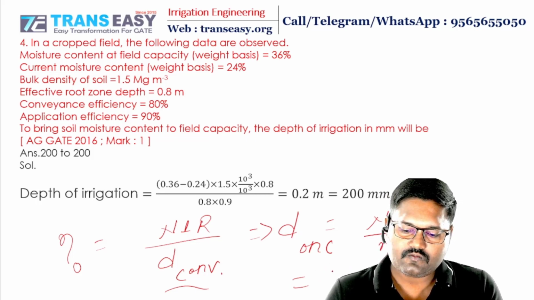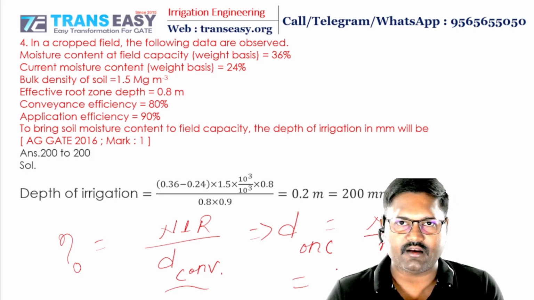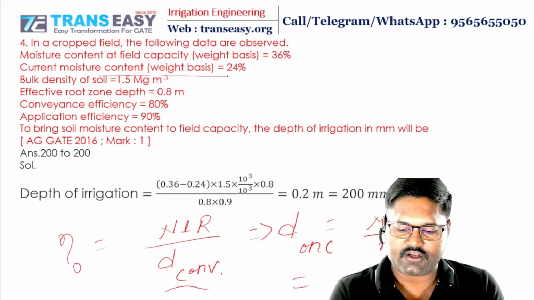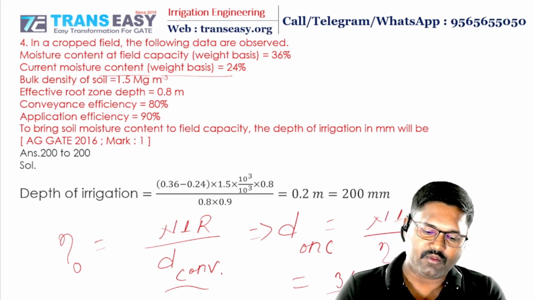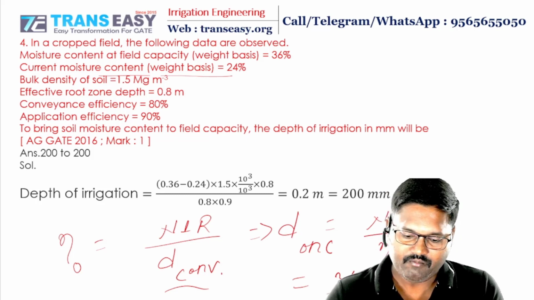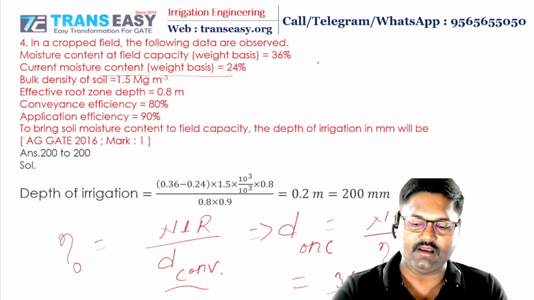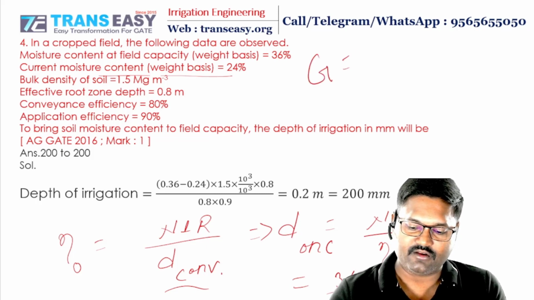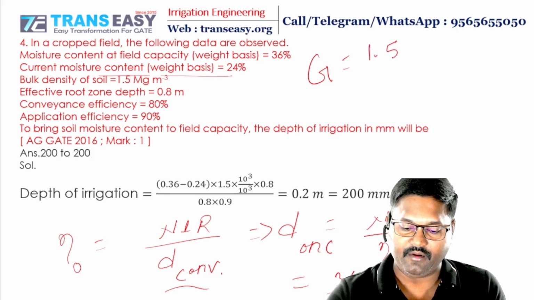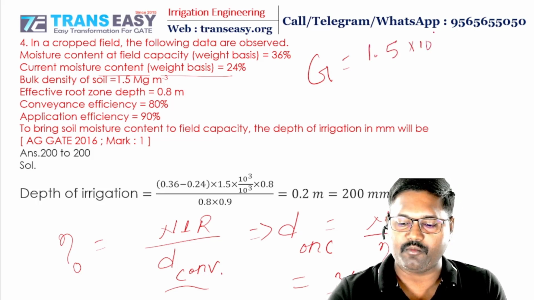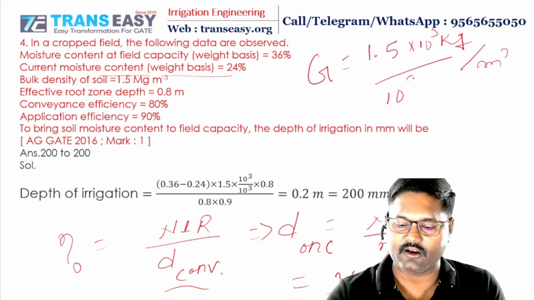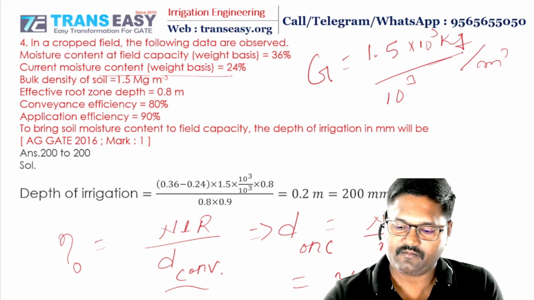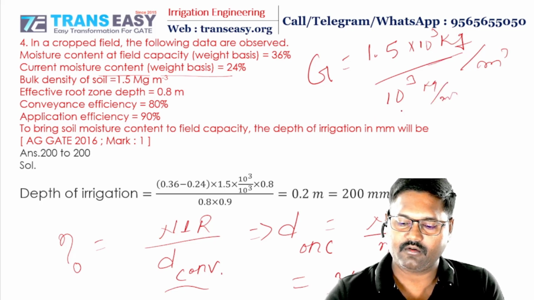Net irrigation requirement in order to bring soil moisture content to field capacity from current moisture content of 24%. So (36 minus 24) upon 100, into depth of root zone 0.8 meter, into G. Here bulk density is given, so from this we can find G: 1.5 megagram, 10 raised to the power 3 kilogram per meter cube, upon 10 raised to power 3 kg per meter cube, density of the water.